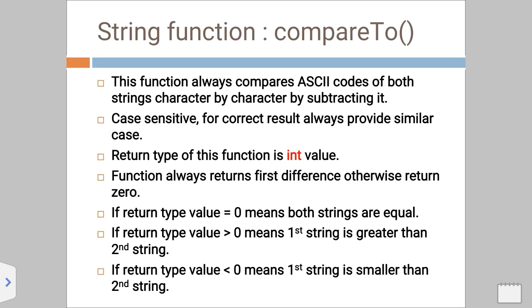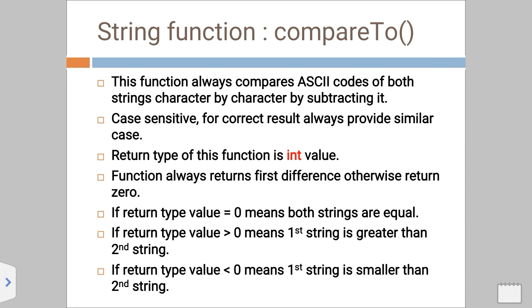Then next, compare to function. We have equals and we have equals ignore case. After that, we have another function which compares both the strings. Why? Because equals and equals ignore case never provide us which one is greater and which one is smaller.